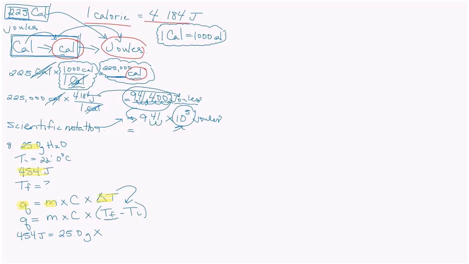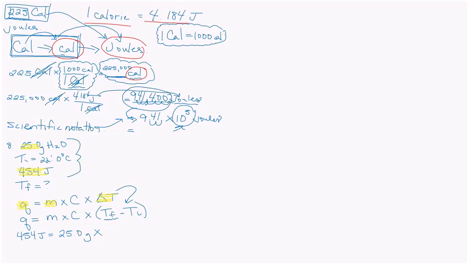And you'll notice that I'm missing my heat capacity, but the heat capacities are listed in your book, in the chapter, so you might want to put just a little piece of tape so that you can go to them quickly.